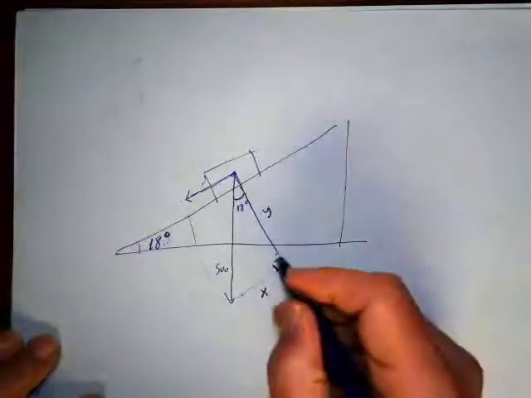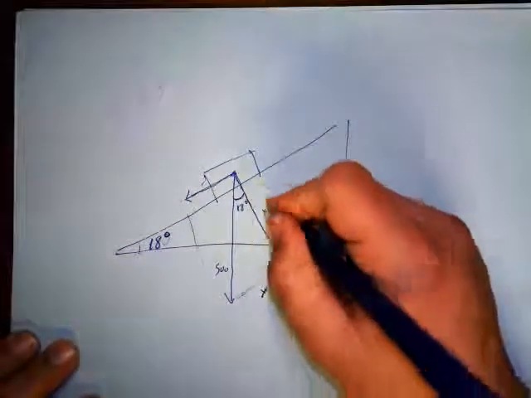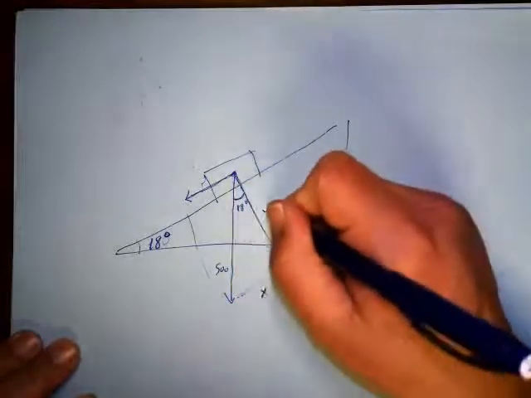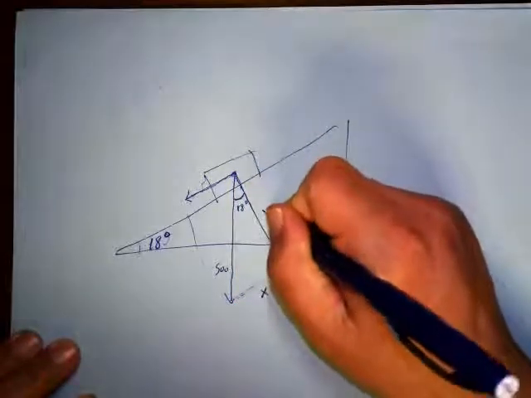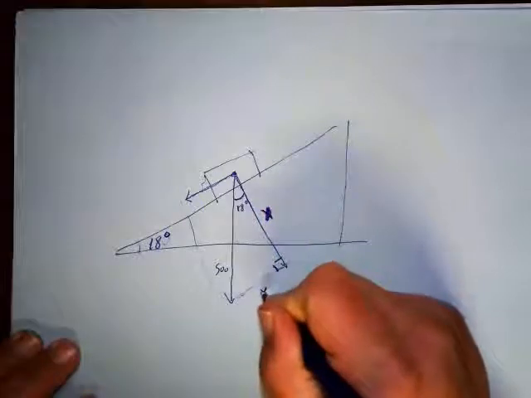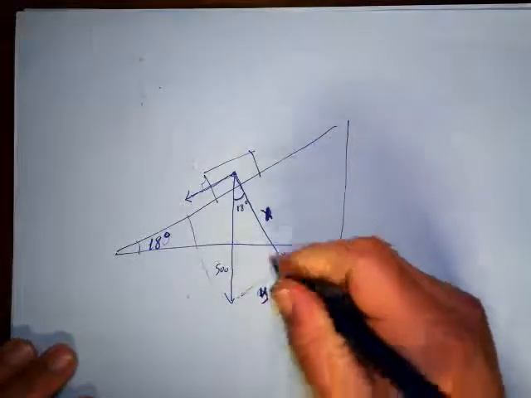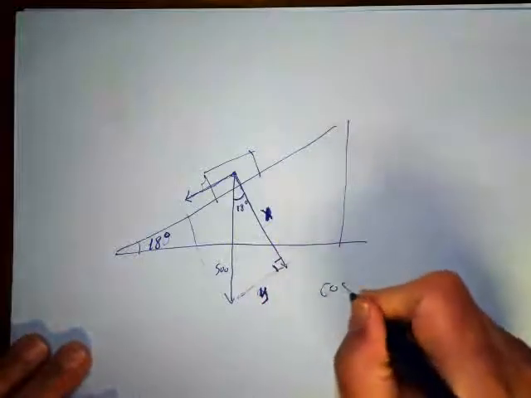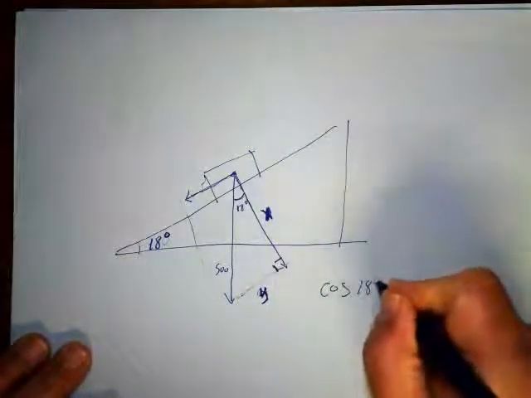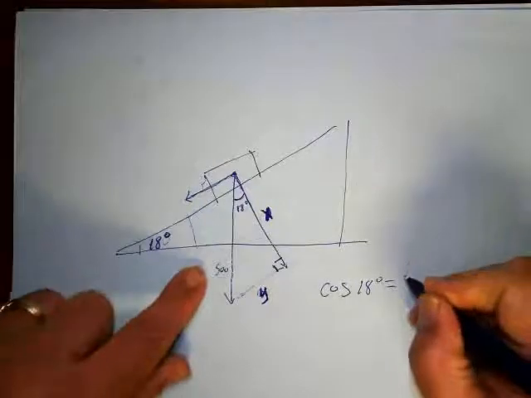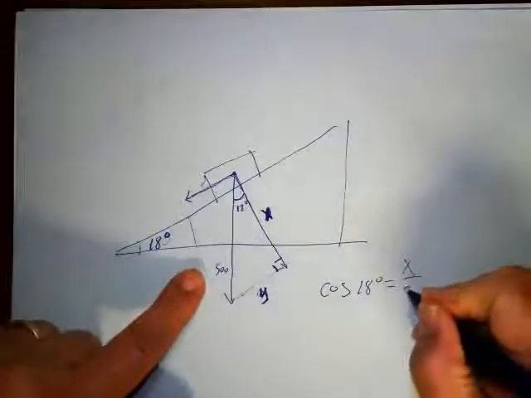And actually I called them wrongly because this is the hypotenuse. So let me call this one X. You could just use a different name here, and I'll call this one Y. So basically, you get that the cosine of 18 degrees is the X over the hypotenuse, 500.